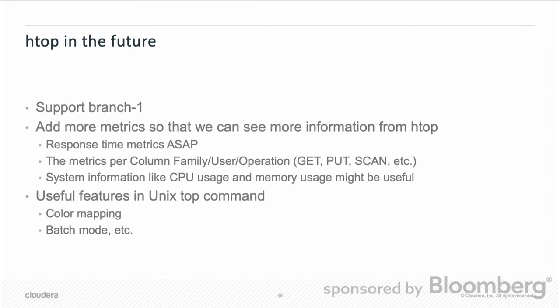And we can add the metrics per column family, user, and operation like get, put, scan, etc. And I'm thinking about adding system information like CPU usage and memory usage, which might be useful. In addition to that, we can add the useful features in the Unix top command like column mapping or batch mode.